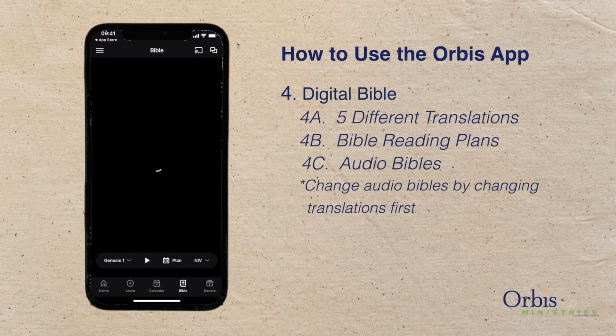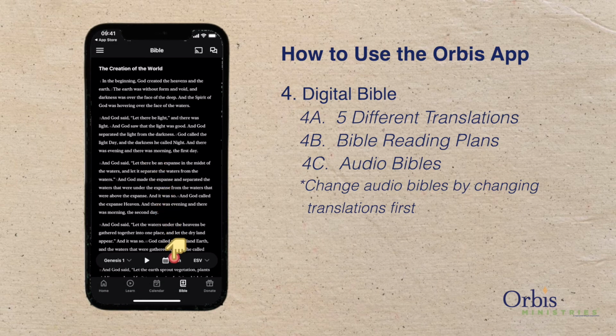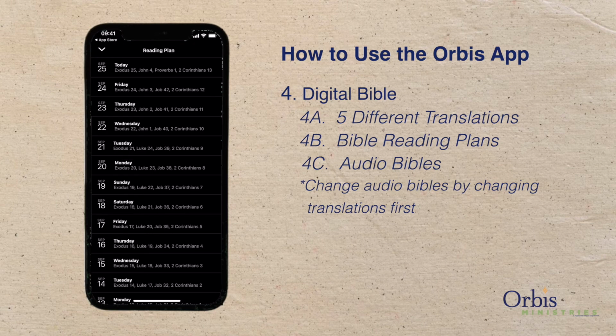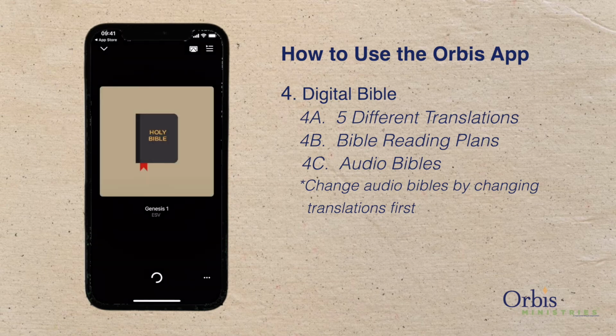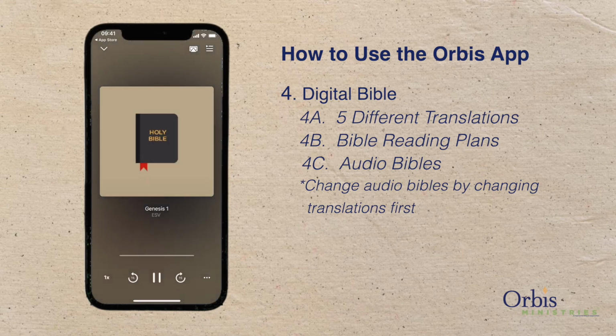We also have Bible reading plans that you can select from if that helps you consume the Word of God more on a regular basis, which we highly recommend. And also there is the audio Bible function, which you can find by pressing the play. And this would allow you to listen to the Word of God as you're going about your day or as you're on the go.